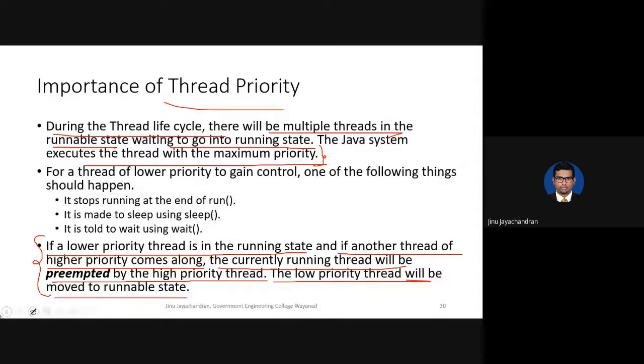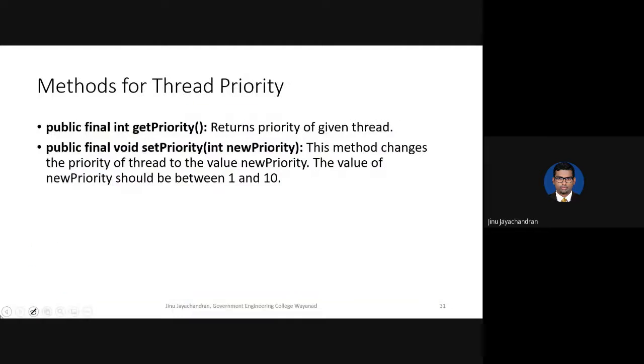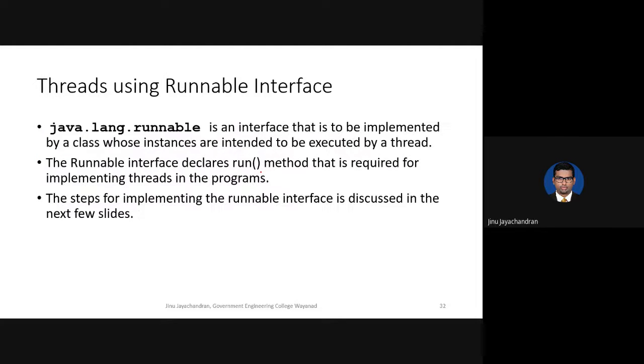So a higher priority thread will always come in between a lower priority thread. You can also set the priority by the following functions in Java: public final int getPriority, public final void setPriority. So you can set the priority for each of the threads.